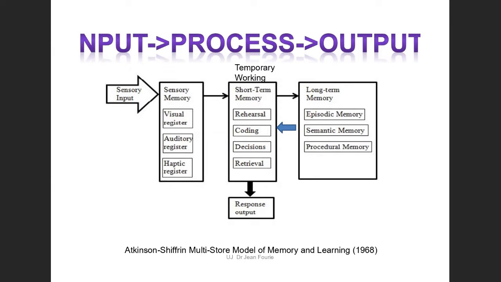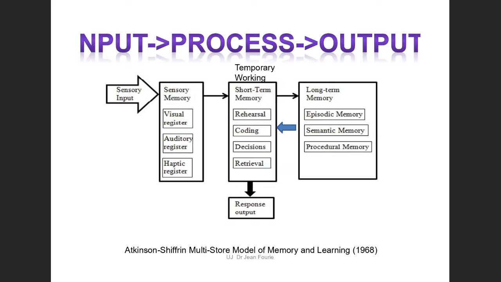So the process of automaticity happens in this backwards and forwards movement between long-term memory, short-term memory, and response output. There are various different kinds of memories that are stored, and in order to retrieve the storage from long-term memory, it goes back into our temporary working space so that we can then have a response and an output, so that we can do writing or reading or speaking.